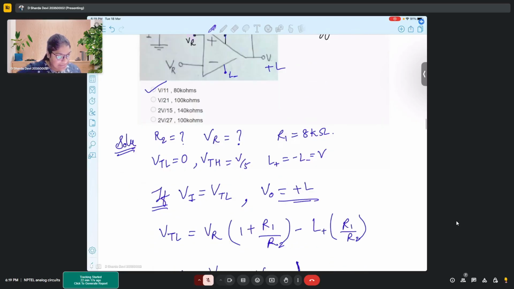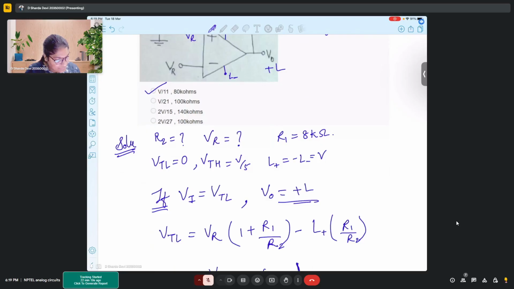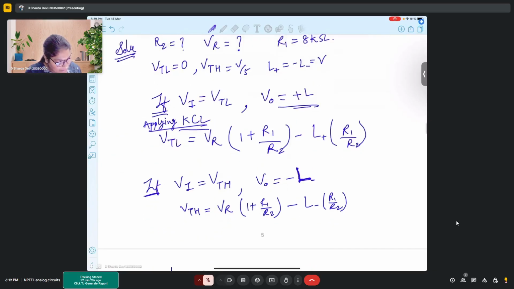So is this clear? So here we didn't do anything. Here it was just applying KCL. We found these equations. And similarly here also, by using the KCL we found the equations.